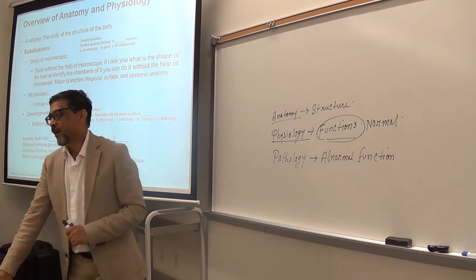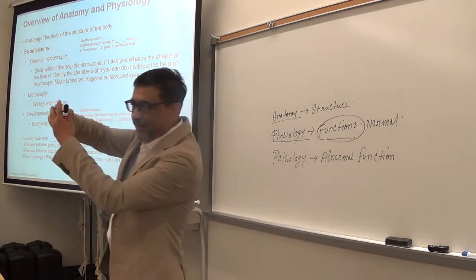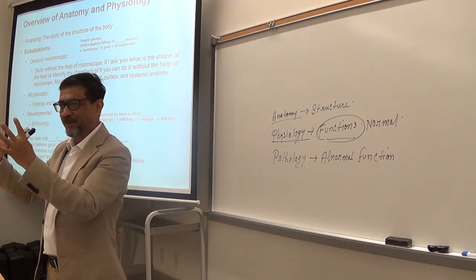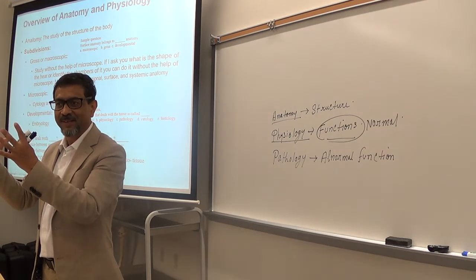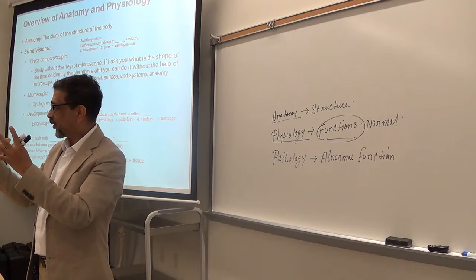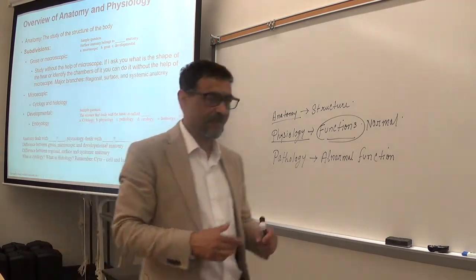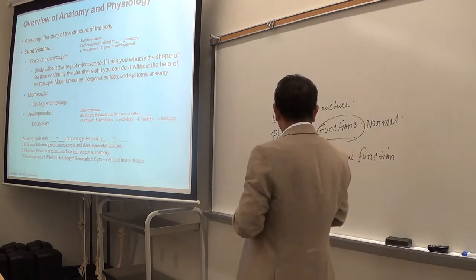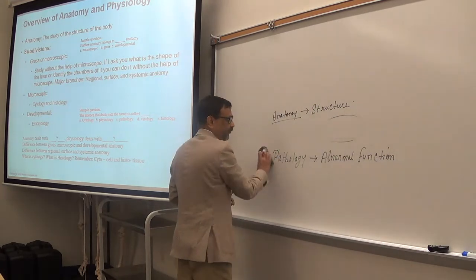So, the size of your heart is like the size of a fist, right? Now, if someone's heart is this big, that's a sign of heart failure, right? So, we will not consider that as normal, right? So, that is pathology. Now, we divide anatomy into two divisions.